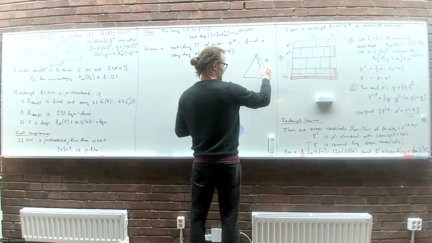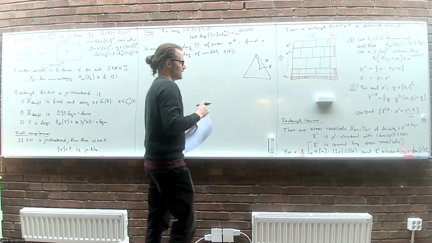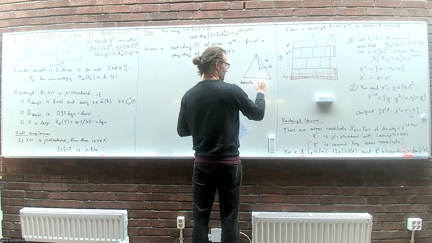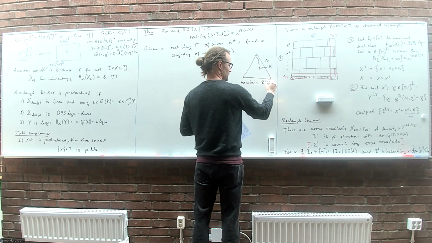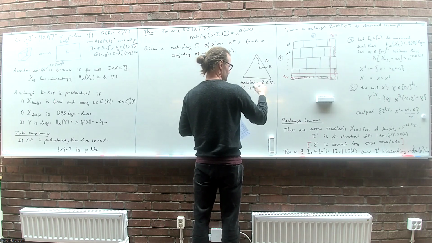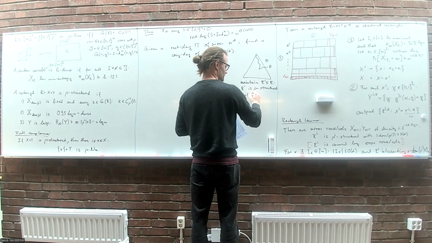Every node is labeled by some rectangle R, and we're going to maintain a rectangle R prime contained in R, such that R prime is row structured, and the size of the rows is bounded.